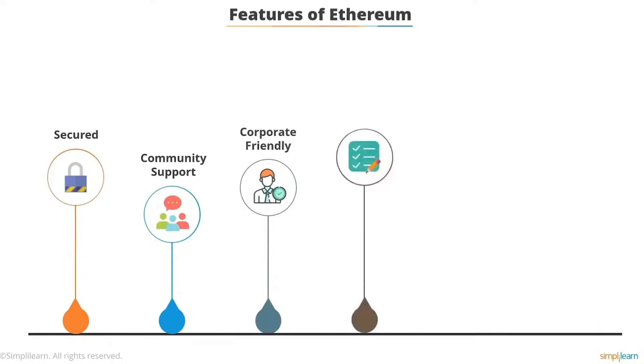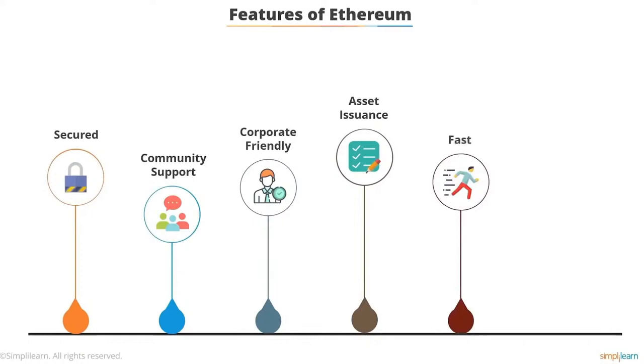The fourth feature that we will take a look at is the possibility of creating new assets on the Ethereum blockchain that can be used as currency, a representation of an asset, a virtual share, a proof of membership, or anything at all. The next feature is the ability of Ethereum to process transactions fast.